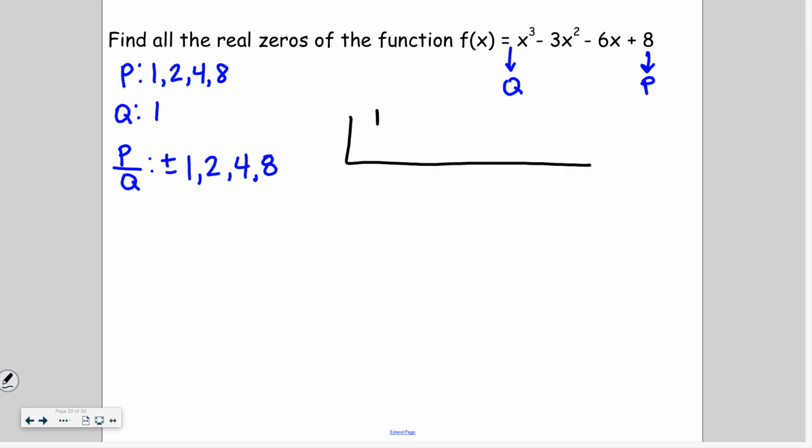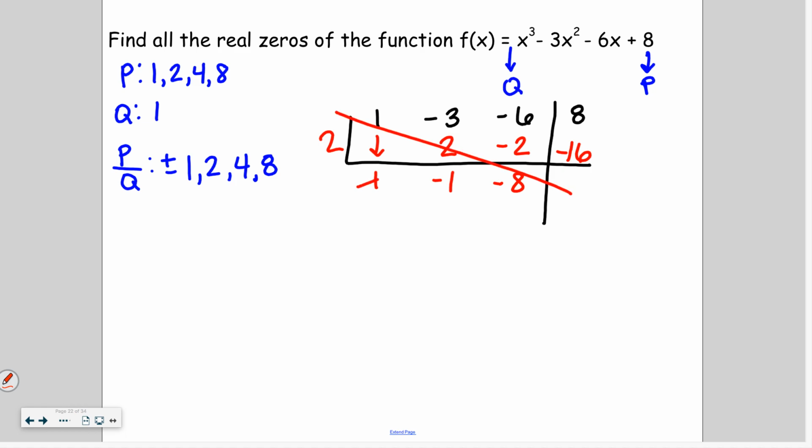We have 1, -3, -6, and 8. I'm going to try, we have 1, 2, 4, and 8, so I'm going to try 2. Bring down that 1. 1 and 2 is 2. It gives me a -1, -2. That is going to be way more, so 2 does not work.